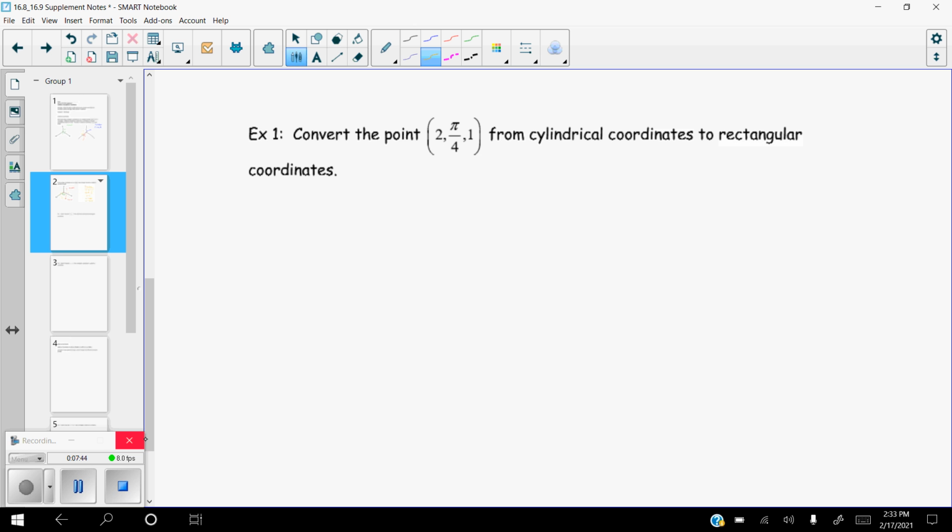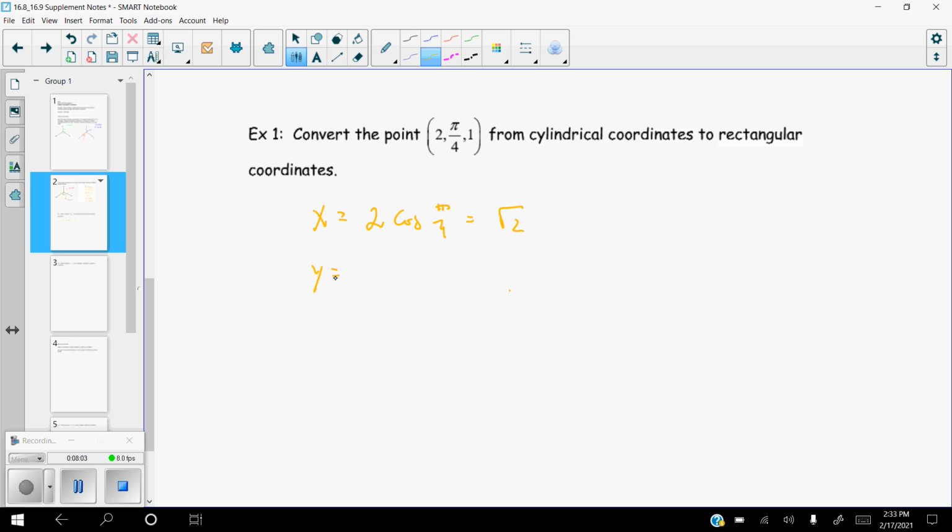Well, z is z either way, so that's the easy part. So we just need to find x. Well, x is r cosine of theta. So it's 2 cosine of pi fourths. Cosine of pi fourths is square root of 2 over 2, times the 2 is just going to give us root 2.